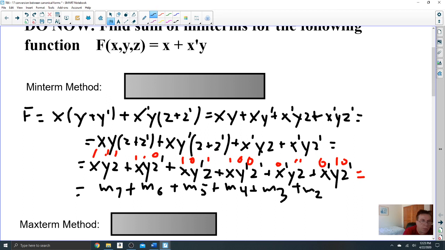Alright, now we're going to put it in canonical form. That is equal to sigma.